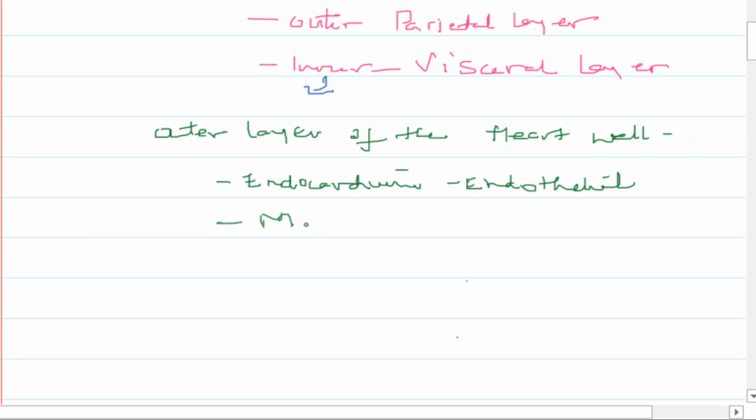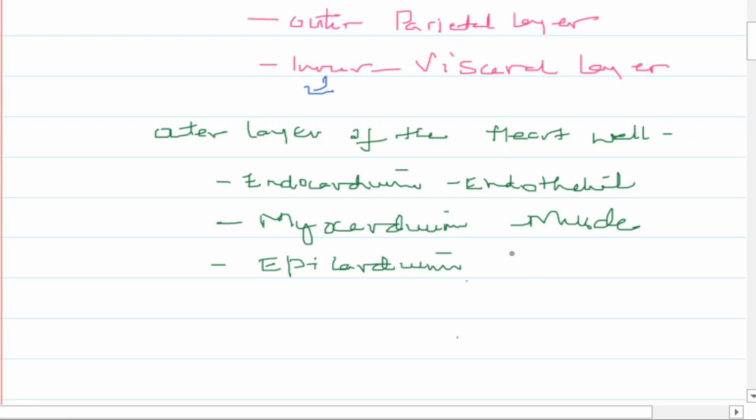The myocardium, the muscle layer, and it is very well developed. And the epicardium, which fuses with the visceral layer.